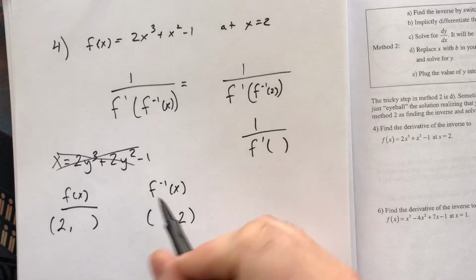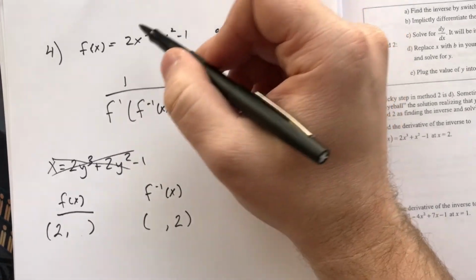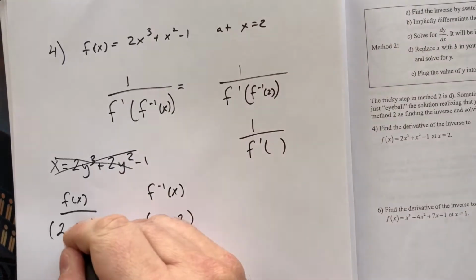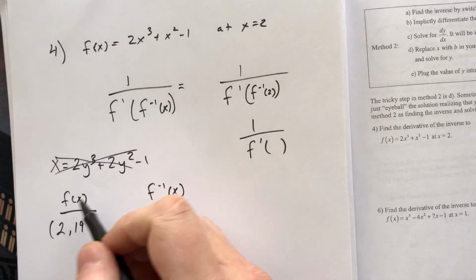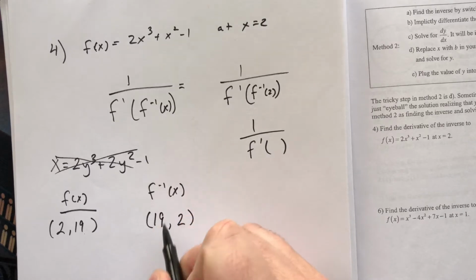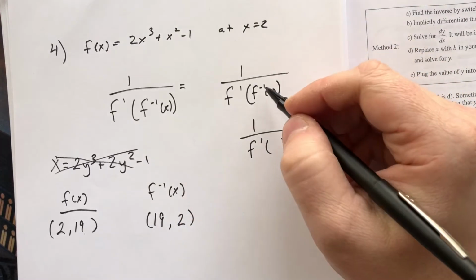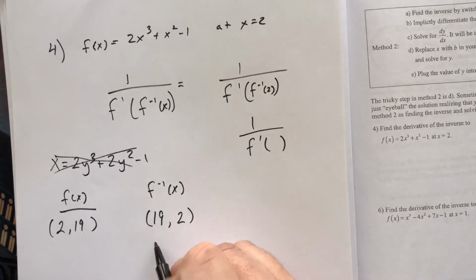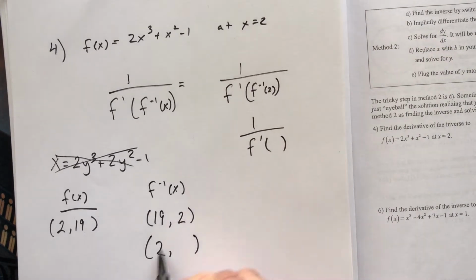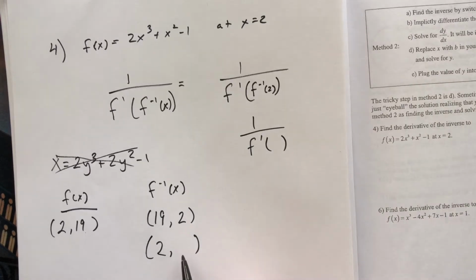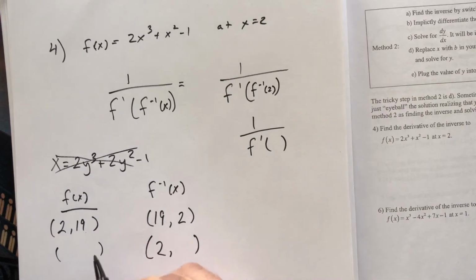So, you know, I could go in, I could plug 2 in here, that's 8, that's 16, plus 4 is 20, minus 1 is 19, so f of x has 2 comma 19, f inverse of x has 19 comma 2. But I want, what's f inverse of 2? I want 2 comma something here in my inverse. Well, what does that mean? 2 comma something in my inverse means that my original function has something comma 2.